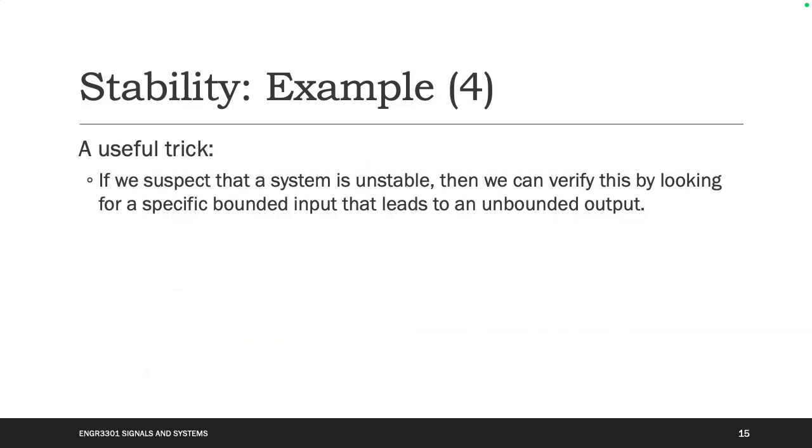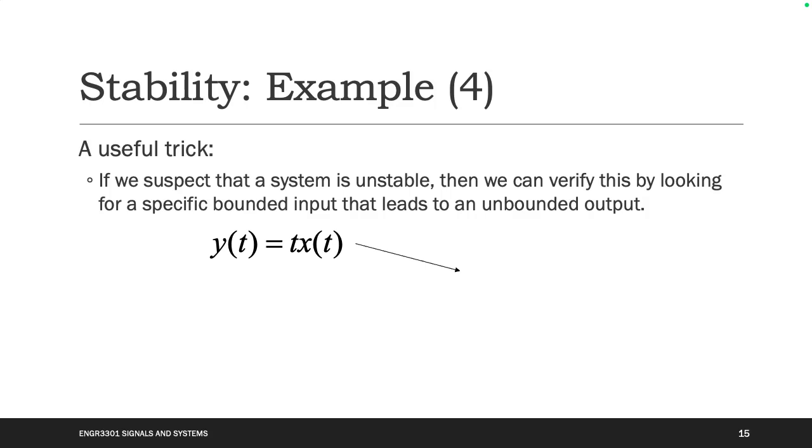If you want to tell whether a system is stable or not, there is a very useful trick. If we suspect that a system is unstable, then we can verify this by looking for a specific bounded input that leads to an unbounded output. We can just try to find a specific bounded input.